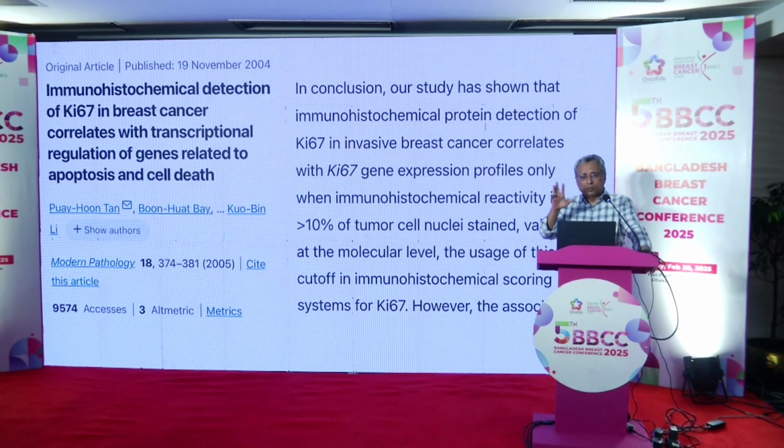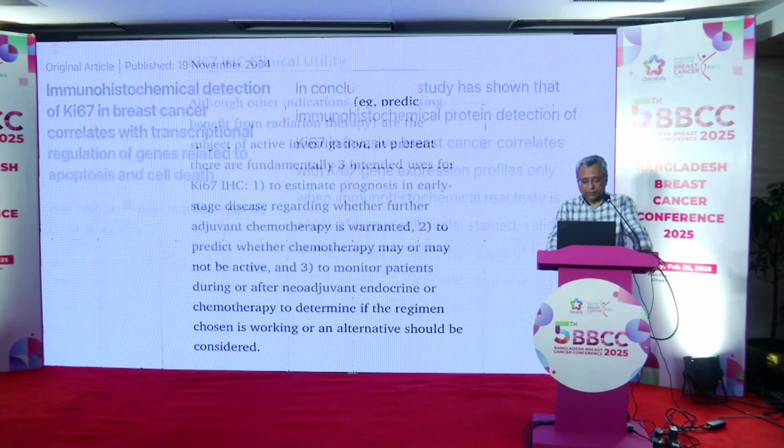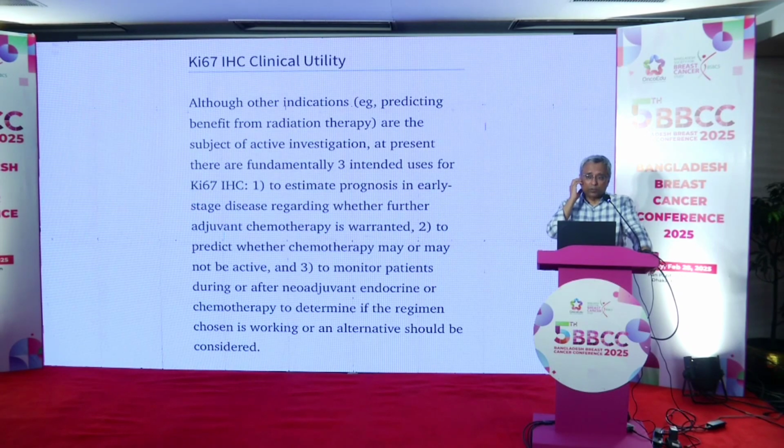And there was a good correlation between gene and protein expression. The cutoff at that time was around 10%, but the Ki67 cutoff is still, I don't think it's standardized. But if clinicians or oncologists order it, then you need to be careful how you interpret the Ki67, so be aware of the cutoffs.